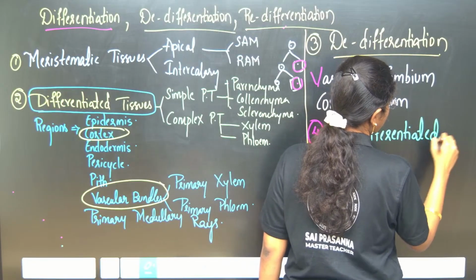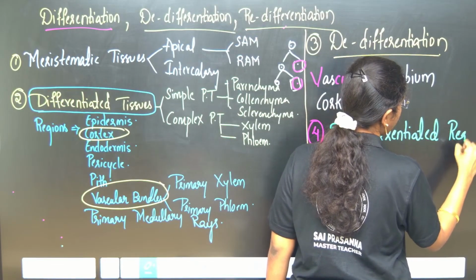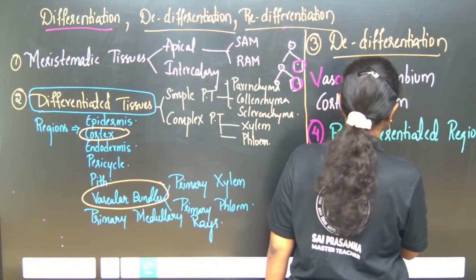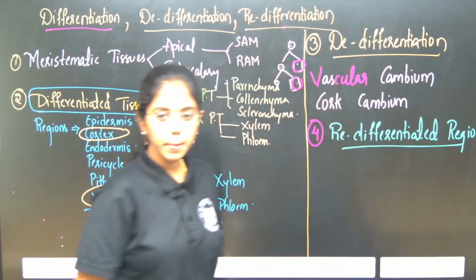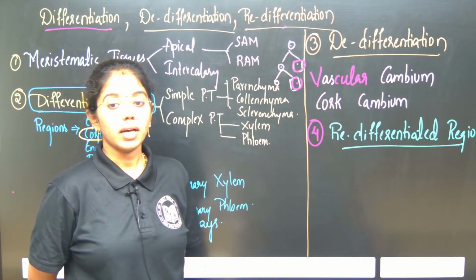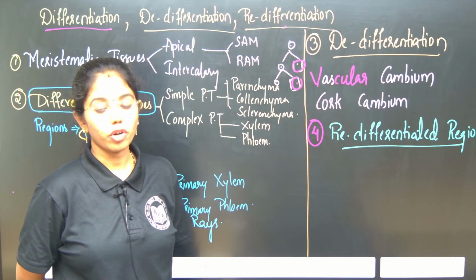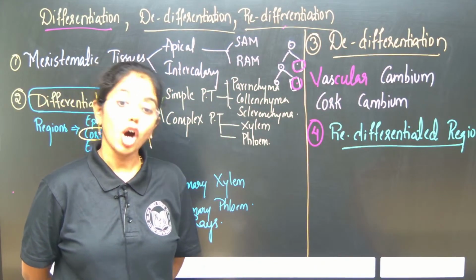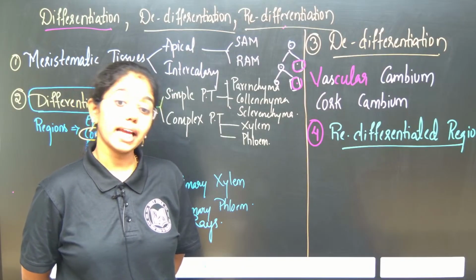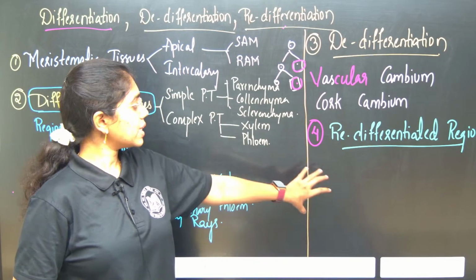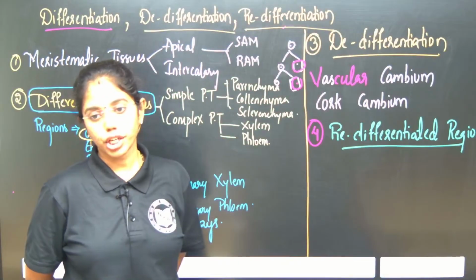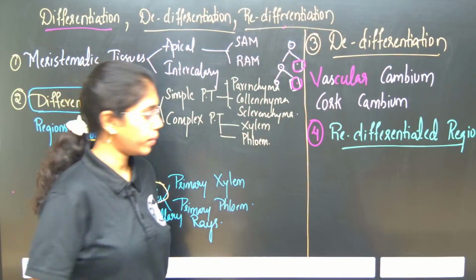Yes, Abdul, any doubt? Tell me. Exactly, very good. Secondary xylem, secondary phloem, secondary cortex, cork tissue, secondary medullary rays, all these come under what? Redifferentiated tissues or regions in the plant. Very good.